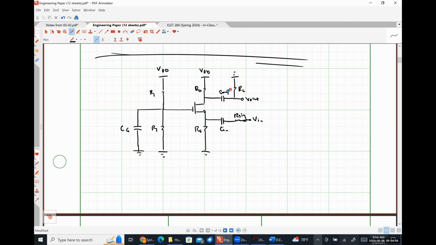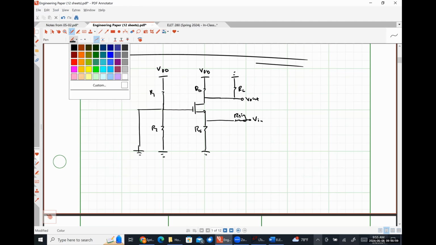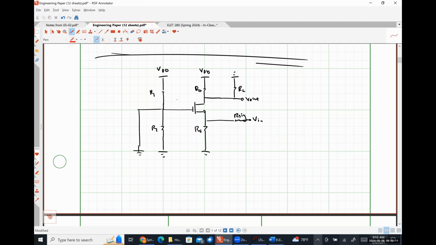At high frequencies, we would turn all of these capacitors into short circuits. Like so, and then we would have, let's see, here's my capacitance CGD. Here's my capacitance CGS.